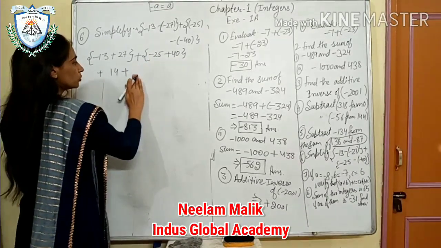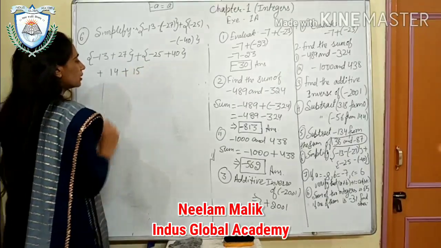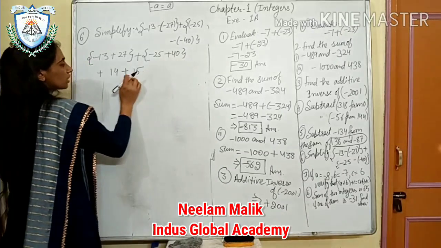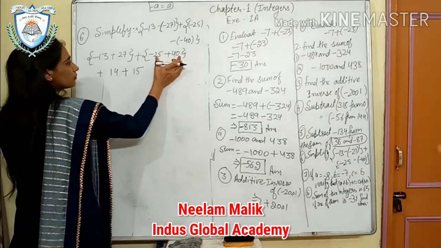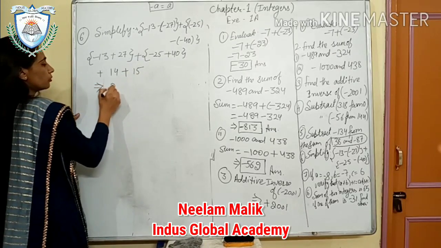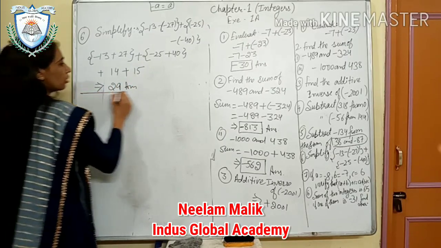No need to put this in a bracket. So what will it be? It will be 15. Why? Because positive is greater, so the sign will be positive, and then their difference is 15. So what do you get here? 29. So the answer is 29. Now question number 7.